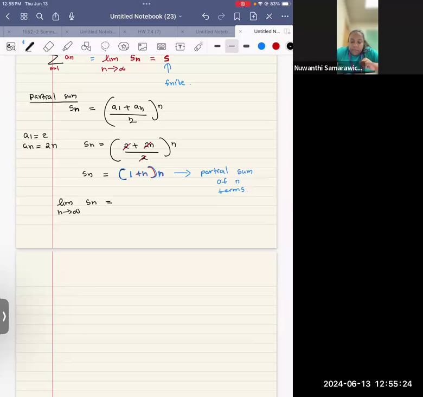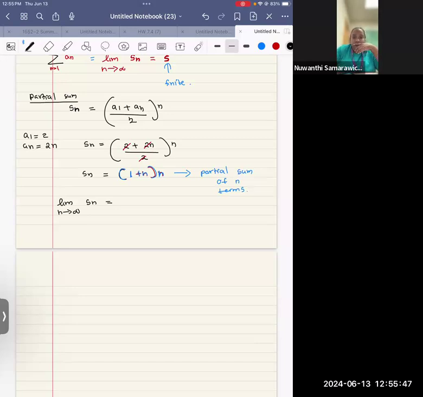When n approaches infinity, yes, your partial sum approaches infinity.